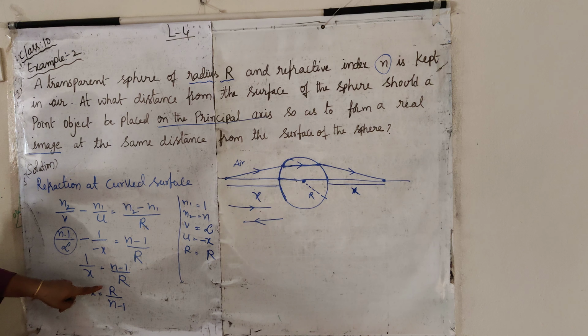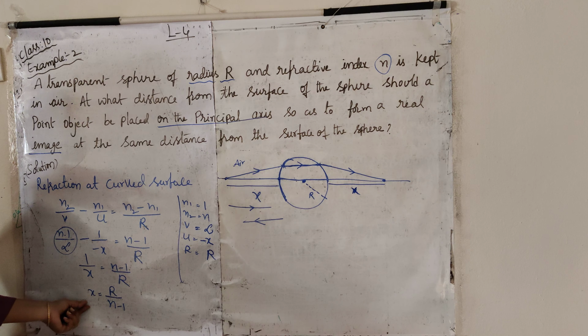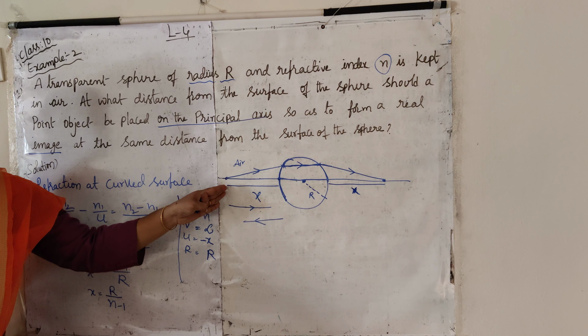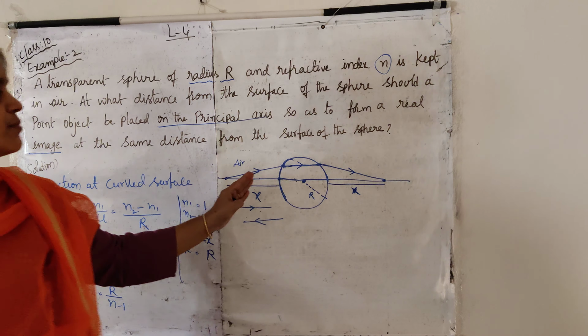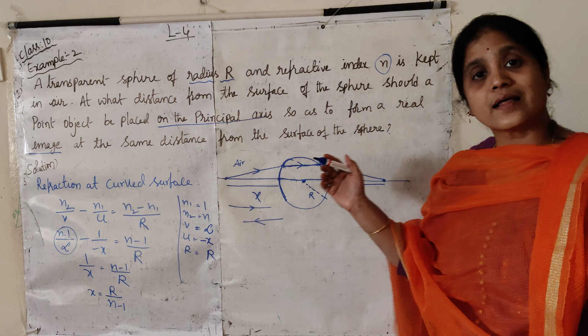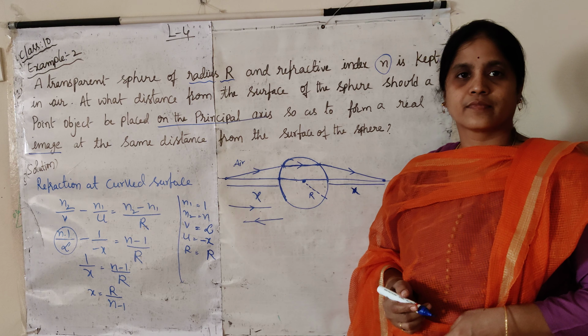If you know the radius of curvature of that sphere and the refractive index values, then you can find out the x value. So when you place a point size object at a distance of R by n minus 1 at one side of the sphere, then you will get the point size image at the same distance at the other side of the sphere. Okay, children?